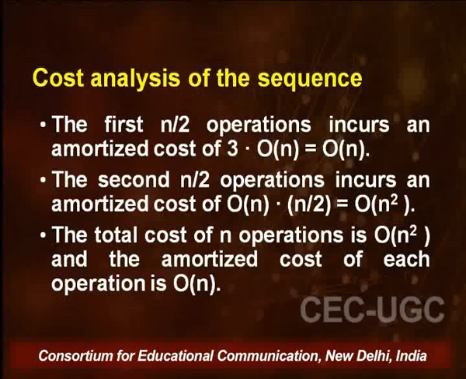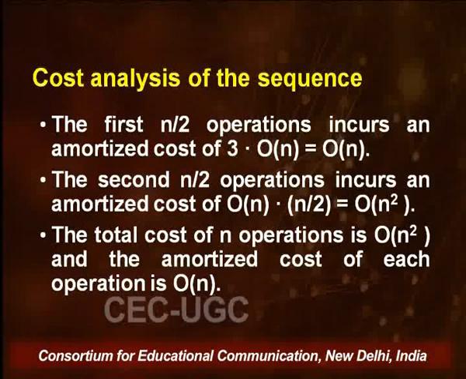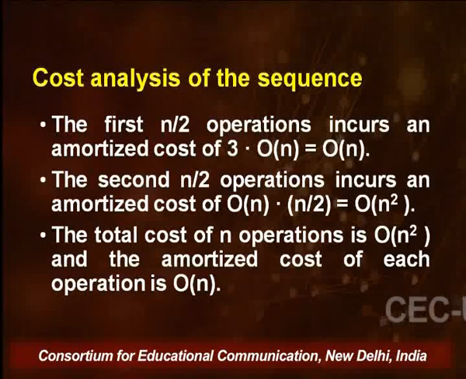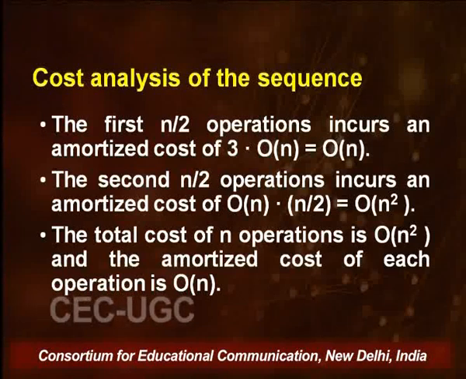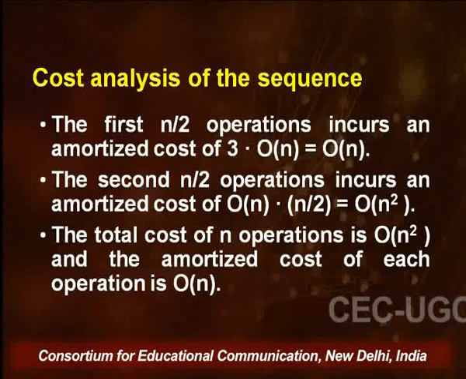So 3 into n gives me an order n term, while the second n by 2 operations incur a cost of order n, because they give you expansion and contractions alternatively every n by 4 times. So the cost of the next n by 2 operations is going to be order n square, and this is going to blow up the whole term.